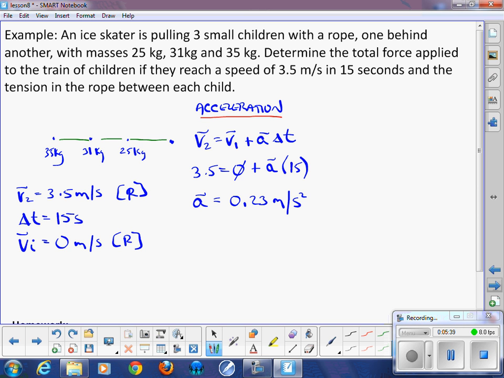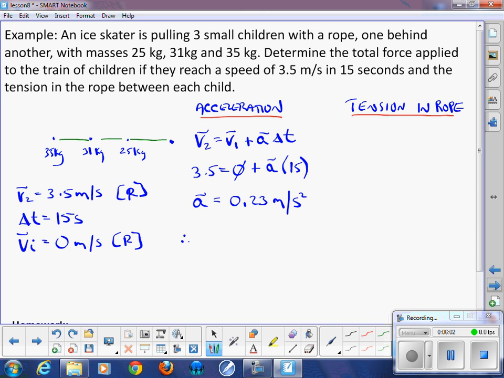But we want to find the tension in the ropes. Now, tension in the rope is a force. So what we've got to do is move from the entire system down to each individual person. We know the acceleration is 0.23.